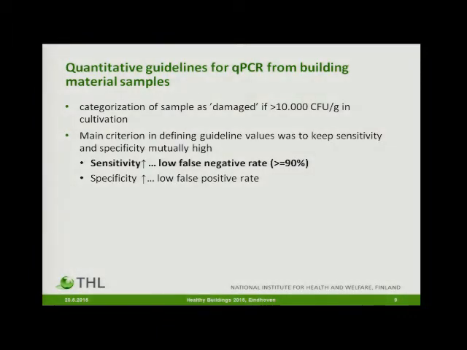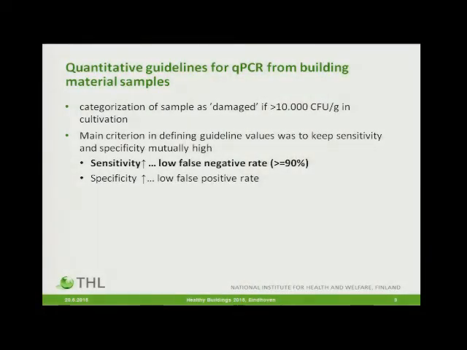So what we did, we used our 900 building material samples and we categorized them based on a cultivation threshold above 10,000 CFUs per gram, and we can have a discussion about that. We also included in the definitions some indicator organisms to make this more specific. Didn't make a big change. So anyway, we split the data sets into damaged, non-damaged, did qPCR assays and tried to come up with a cutoff that looked about right.